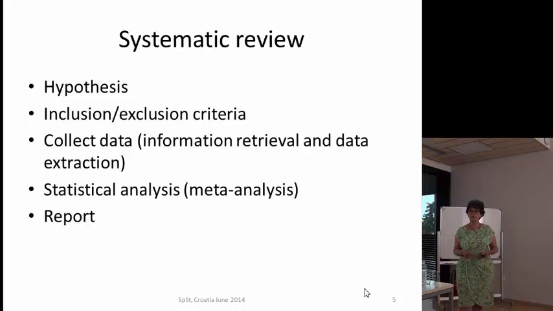Okay? Systematic review is the same thing as a primary study. It's a form of research, and I'm going to suggest that the only difference between a traditional primary research study and a systematic review is that in a systematic review, the subjects are studies. Okay?